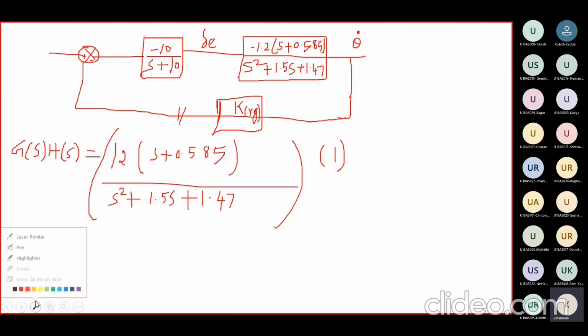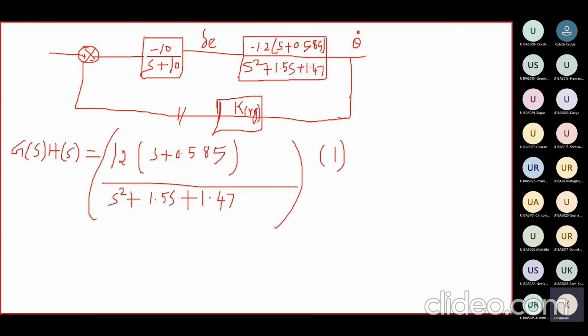Then how can you write the code for this in MATLAB? Simply, because we already solved so many problems of how to sketch a root locus, we try to sketch this root locus by using MATLAB. Here we need to define the transfer function.